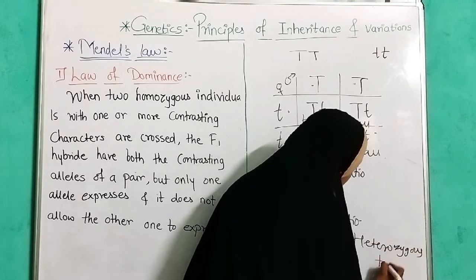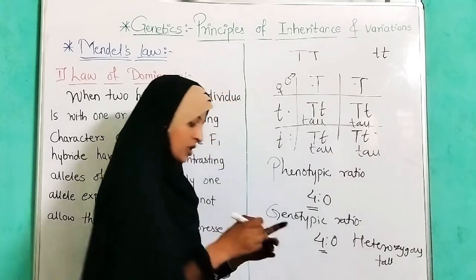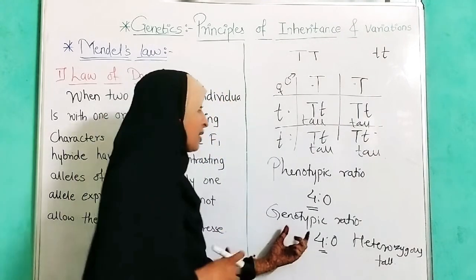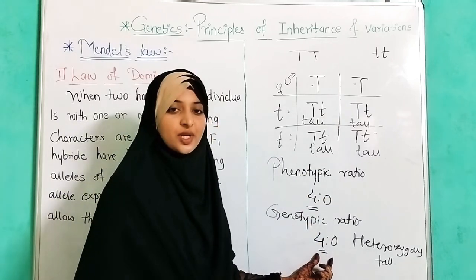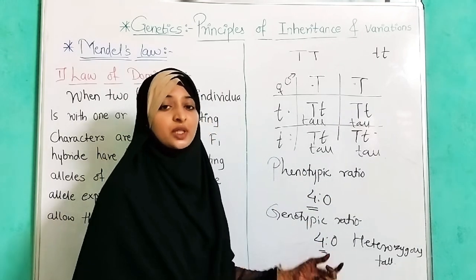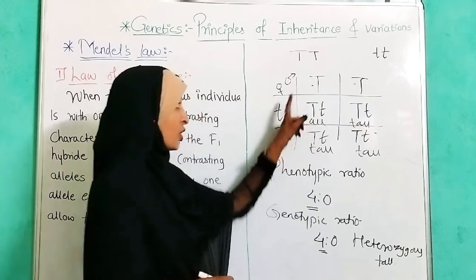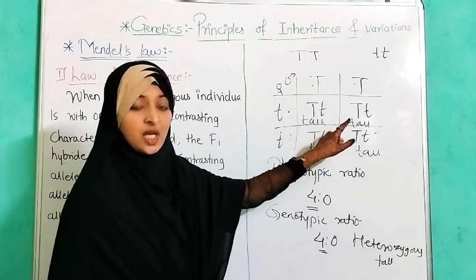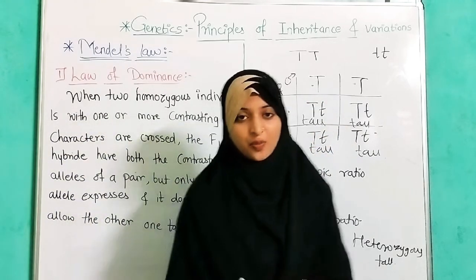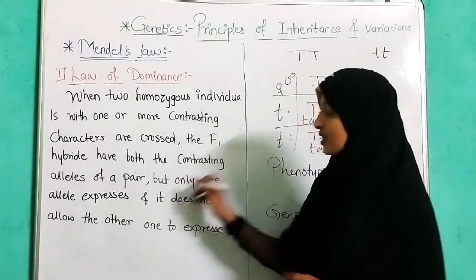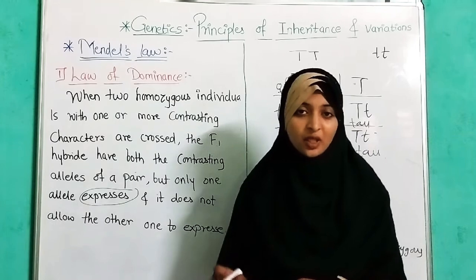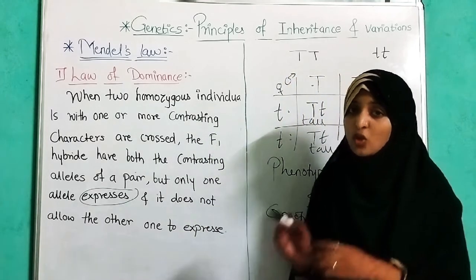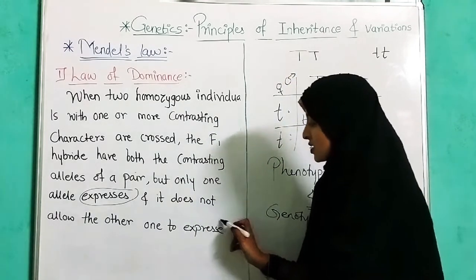We have seen the genetic makeup, that from pure homozygous individuals we get heterozygous offspring, but the dominant trait is expressed and the recessive one is suppressed. Means here we can say the allele which is expressed is dominant, and the allele which is suppressed or not expressed is recessive.